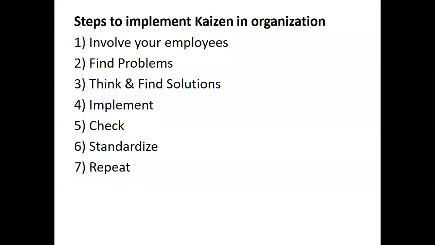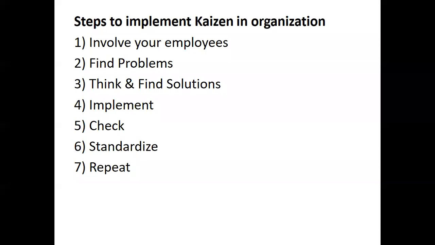So the second step is the identification of problems in every respective area and clubbing all the problems. Every employee working at one station can analyze the working conditions, analyze the process, and can identify some of the problems. Identification of problems at various areas in the organization.